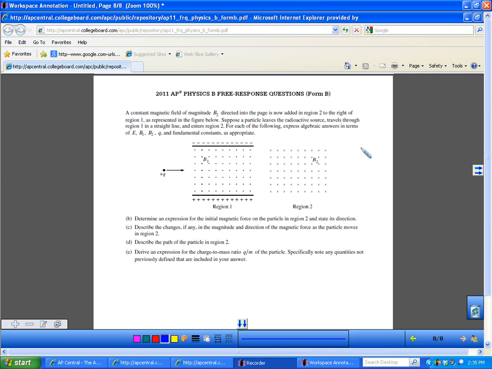All right, so then I said, okay, part B wants me to determine an expression for the initial magnetic force on the particle in region 2 and state its direction. So I said, well, the initial force is going to be B2, because it's in field 2, Qv, but I need the speed that it left with. So it left this field with the speed of v equal to E over B1.